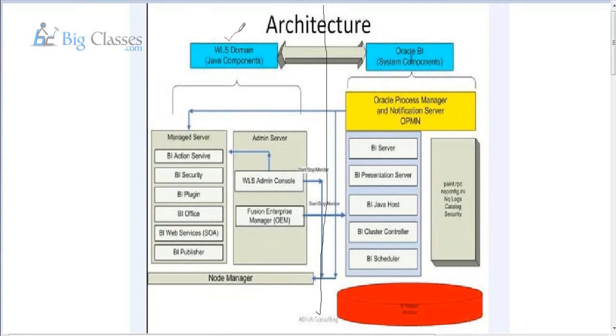It contains all the Java components. We can install applications in a single WebLogic. For example, we will install OBIEE in WebLogic, and another reporting tool from Oracle, Primavera P6, we will also install in WebLogic. So we can install many applications in a single WebLogic. It's like a system OS.